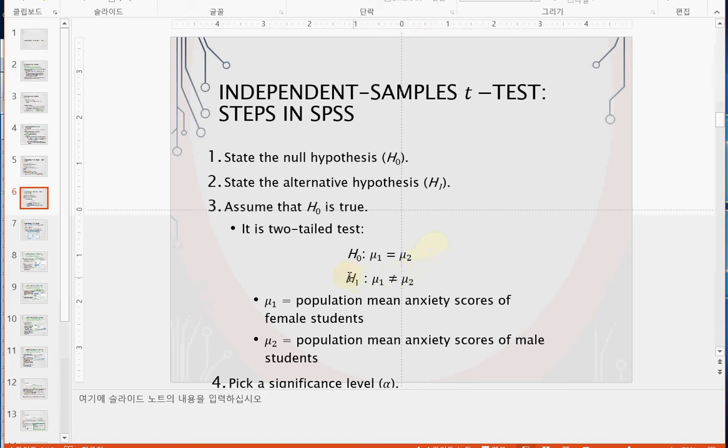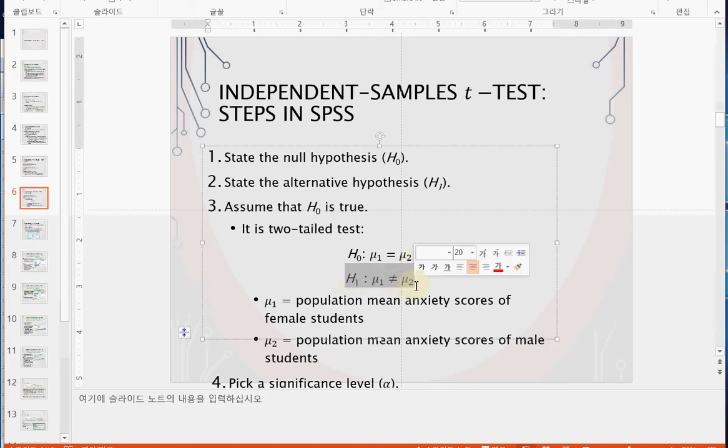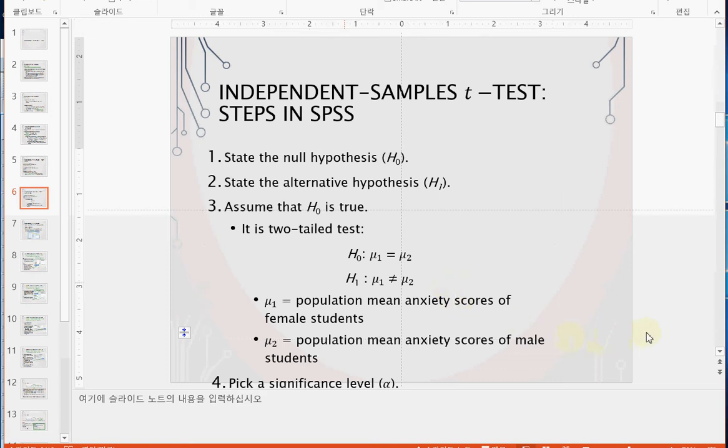So the alternative hypothesis should go like mu1 is not equal to mu2, because as a researcher we expect to see the difference between the two groups. And mu1 is the population mean anxiety score of female students, whereas mu2 is the population mean anxiety score of male students.